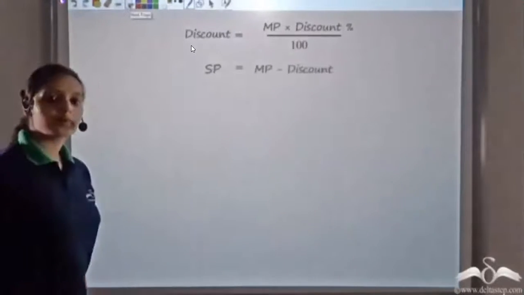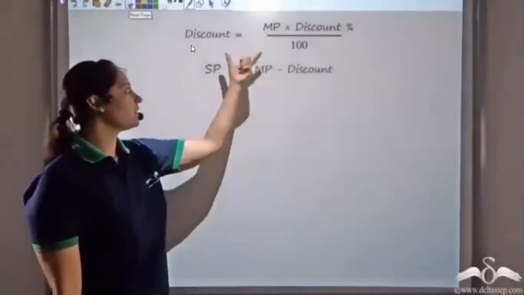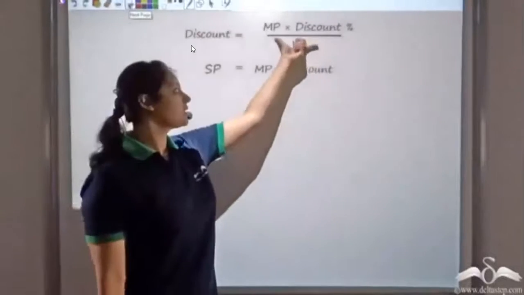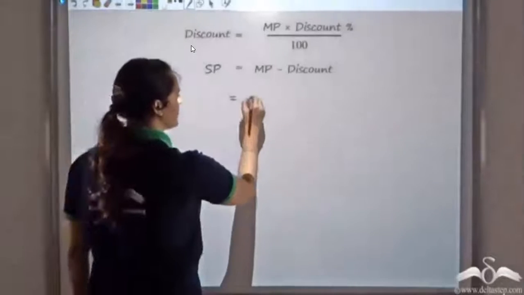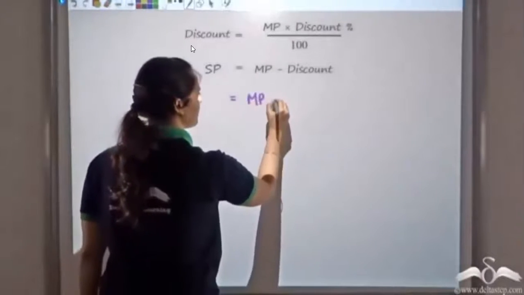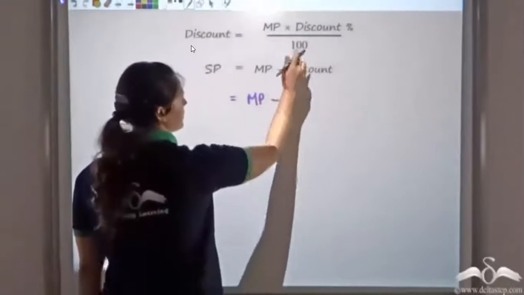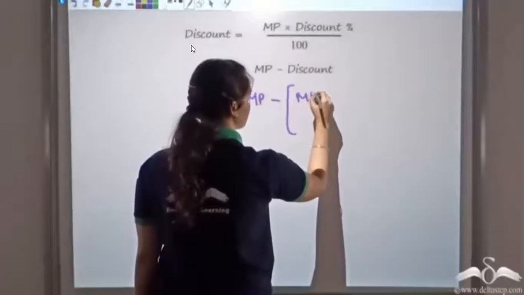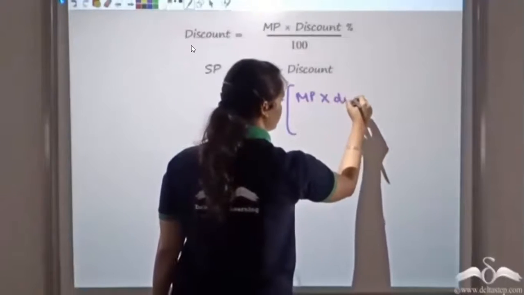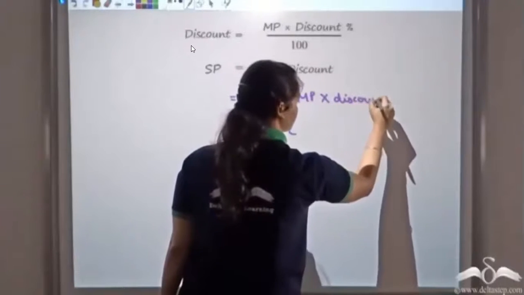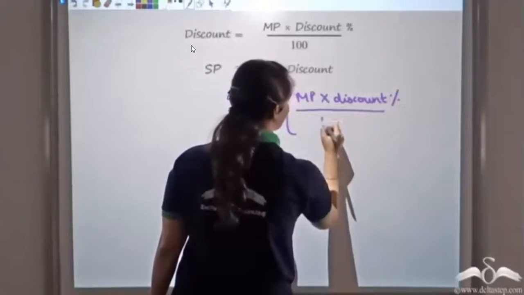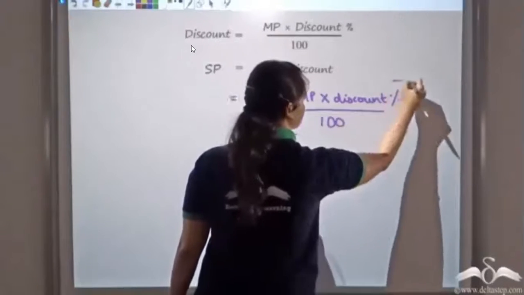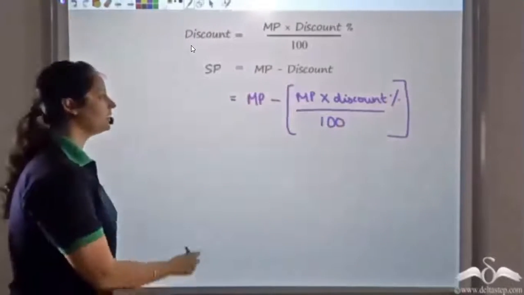And we know the discount is this. So I can substitute the value of discount here, which gives marked price minus marked price into discount percent divided by 100.